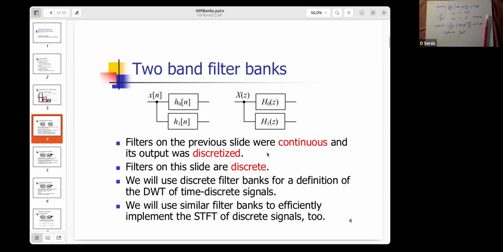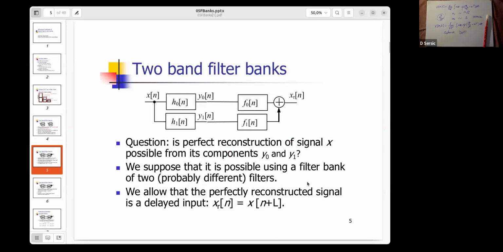So these are the ways you can describe a simple discrete filter. Our goal is to use this or something similar to efficiently implement, for example, the short time Fourier transform or discrete wavelet transform.